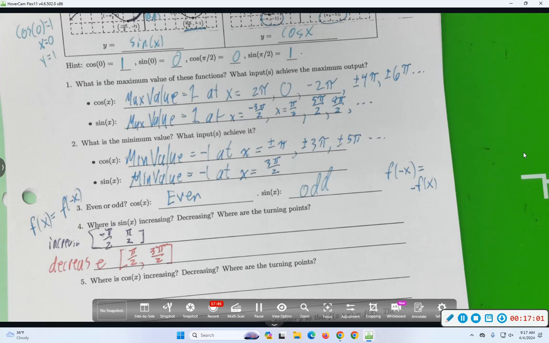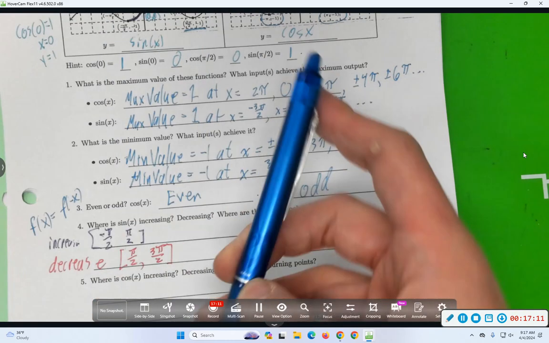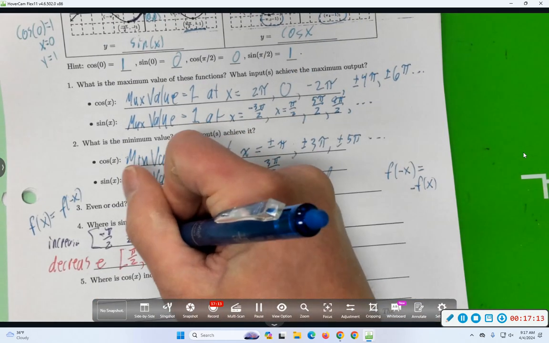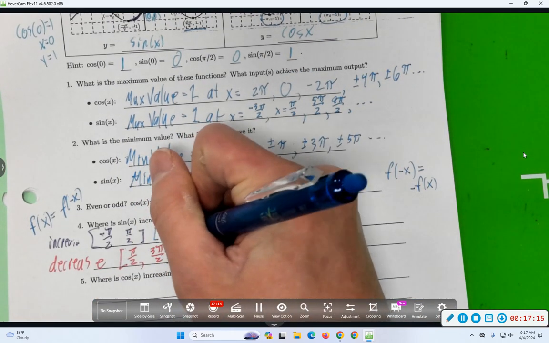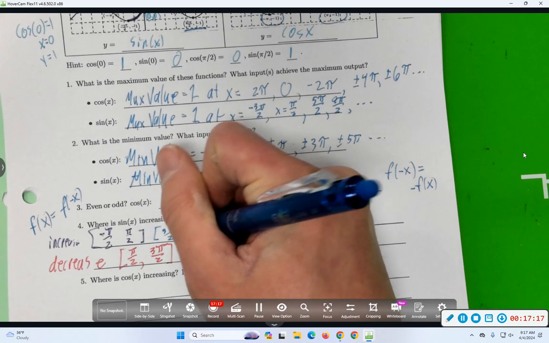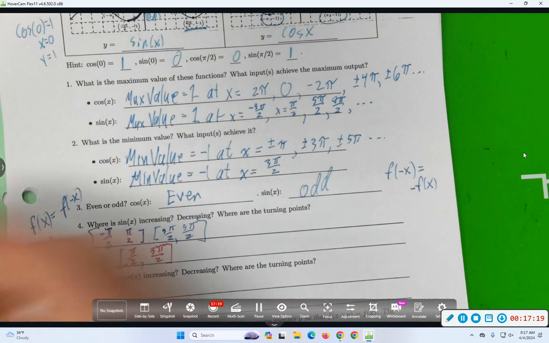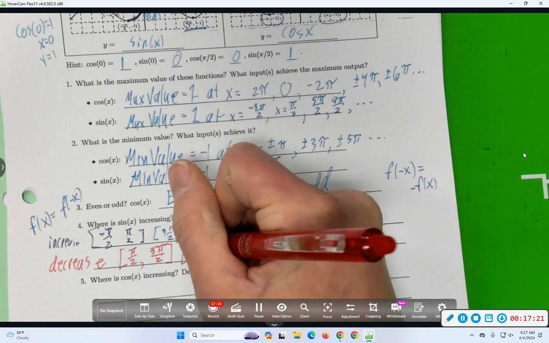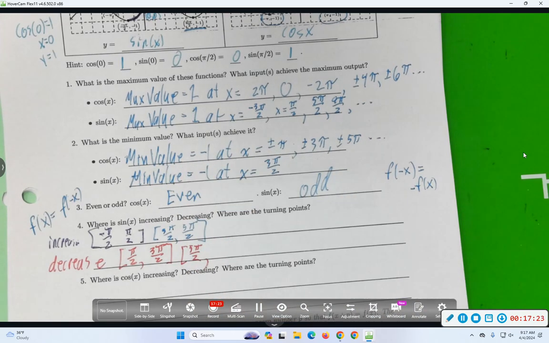Well, I guess whatever that angle is, right? Which I think is 5 pi over 2, because there's 2 pi, which is 4 pi over 2, plus another pi over 2. So from 3 pi over 2 to 5 pi over 2, it increases. Then from 5 pi over 2, I'm definitely beyond the edge of what's graphed on the paper at this point.